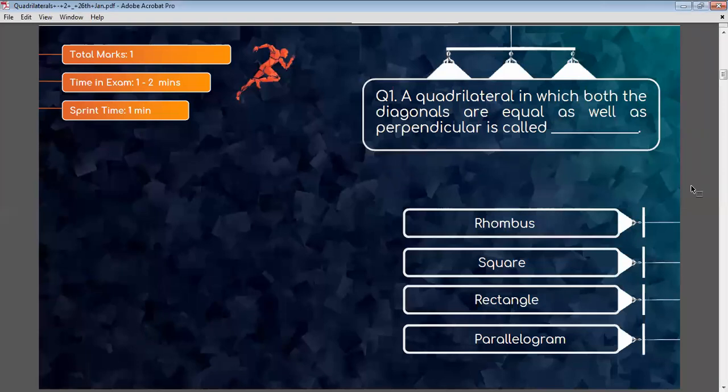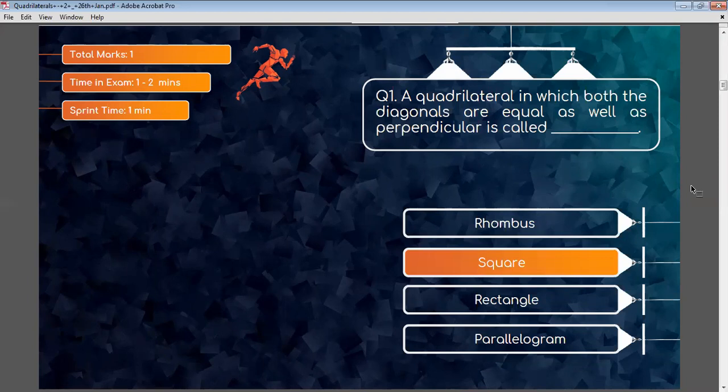Bhumi also got the answer. So Krishka and Bhumi have got the answer. Both the answers are different. So let's see the correct answer.